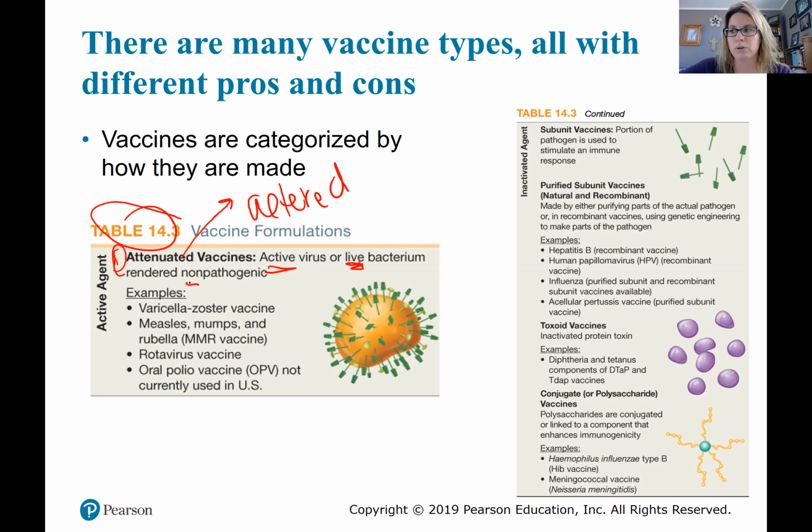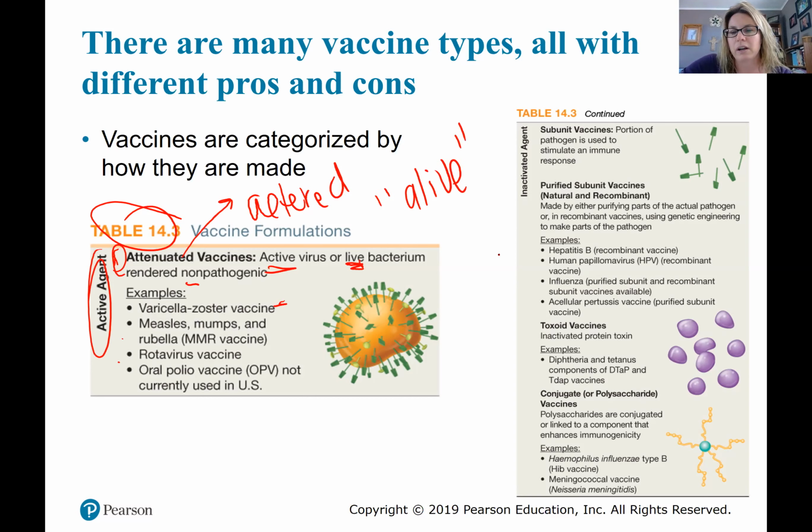It just removed its potential to cause disease or to infect the body. Some examples are MMR, rotavirus, and the chickenpox vaccines, those vaccines that are active or alive, if you will.